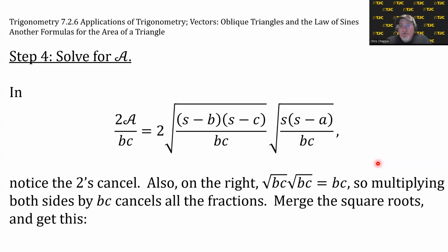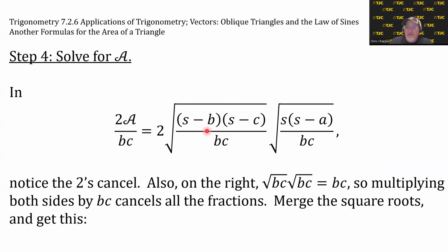Now, we're going to solve this pretty quickly by making some observations. Number 1, there's a 2 on both sides of the equation, so we could divide both sides by 2 and they would disappear. And number 2, look at the 2 square roots denominators. If we were to split each fraction into a fraction of 2 square roots, we would have the square root of the numerator over the square root of the denominator.